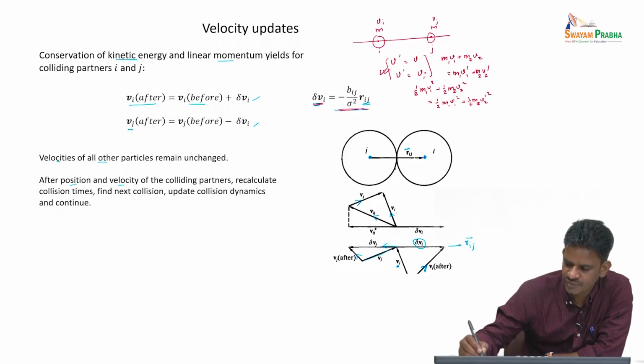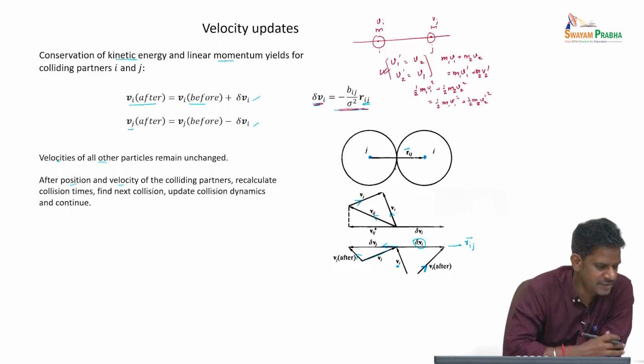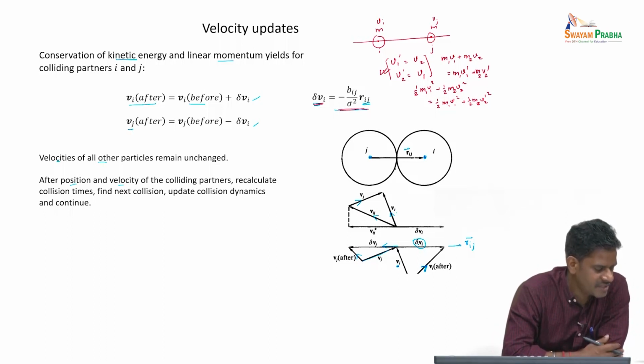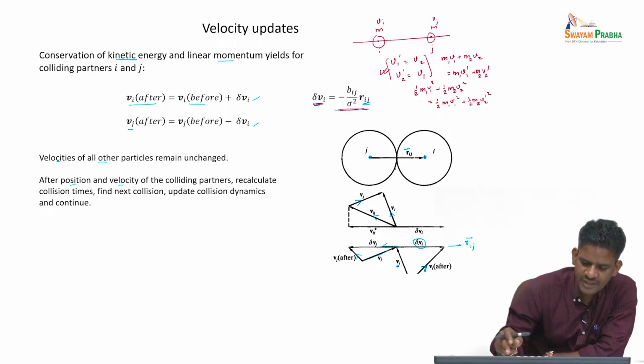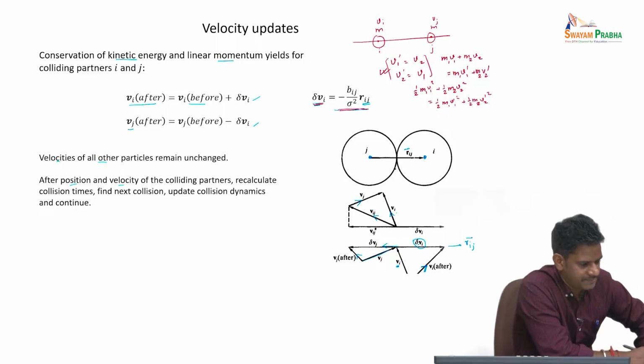The solution of these two equations will tell you this. So after collision, the particles would have exchanged their velocities. This is done for a one-dimensional system, and what I have shown here vectorially is the generalization for a 3-dimensional system.